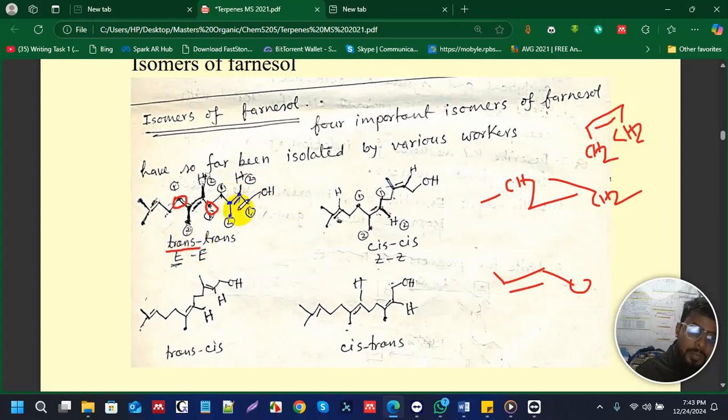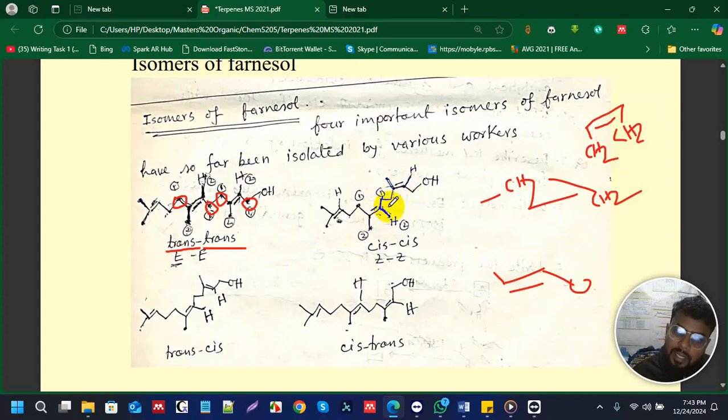This is a double bond. This is another methyl, in the opposite position. That's why we can say that the second double bond is in trans conformation. Trans conformation can be written as E, and the cis conformation can be written as Z. So this is the first and this is the second.